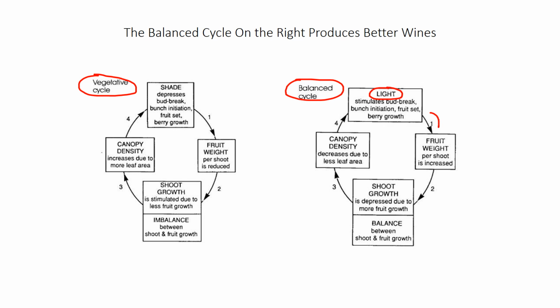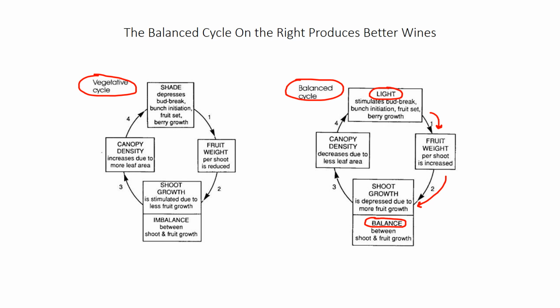What that does is that leads to increased fruit on the vine. So increased fruit weight per shoot. That will decrease shoot growth down at the bottom here. All right, so more fruit weight will have less shoot growth. We'll have a nice balance. There's our balance between shoot growth and fruit ripening.